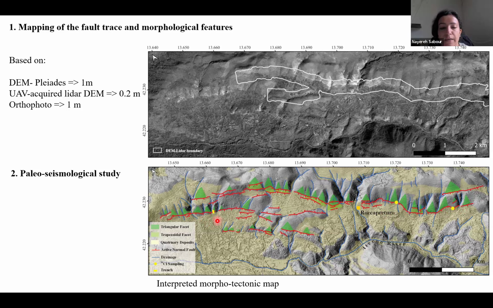Based on this data, we know that in the southeastern part of the Rocabreturo fault we have a slip rate more than the northwestern part of that.